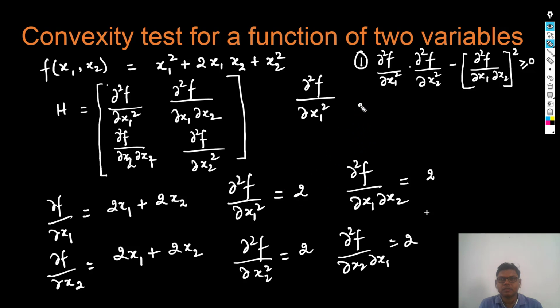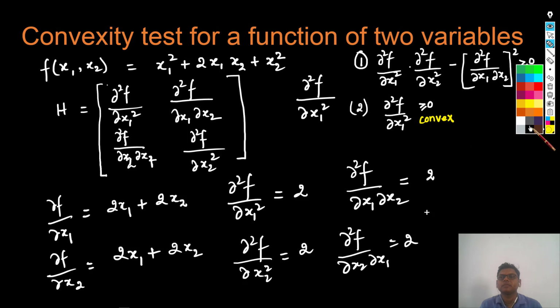Second term is del 2f upon del x1 square. If it is greater than or equal to 0, then it will be convex. And if it is less than or equal to 0, then it will be concave.